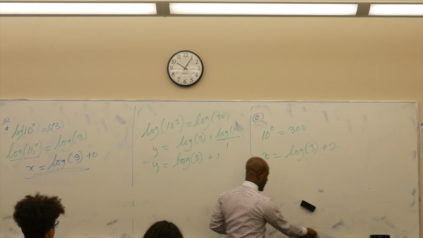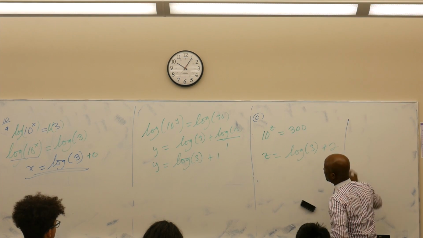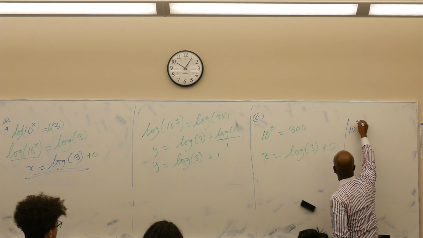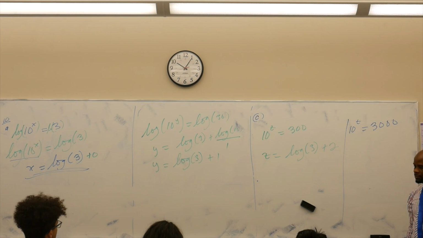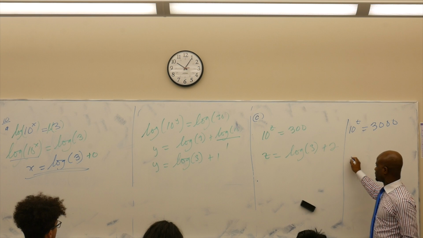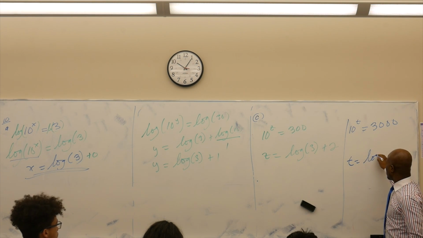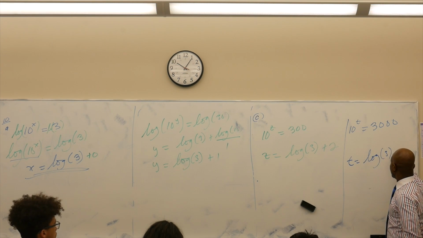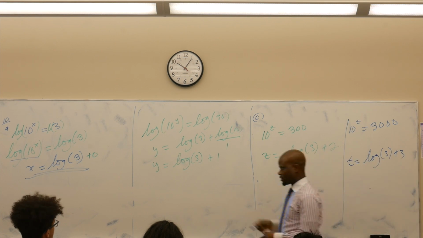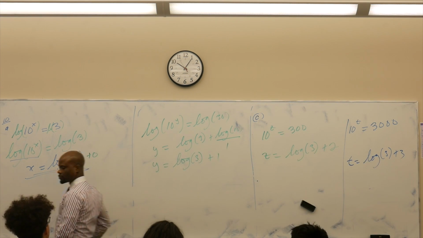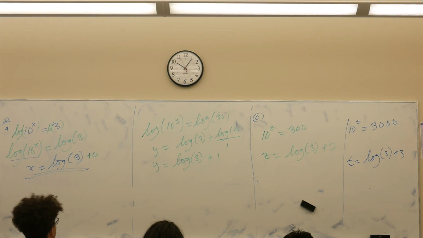And so if I have, for example, 10 to the t equals, what would t be? The log of 3 plus, see the pattern? She's adding 1 every time, because that's what they have. Anybody with a question?